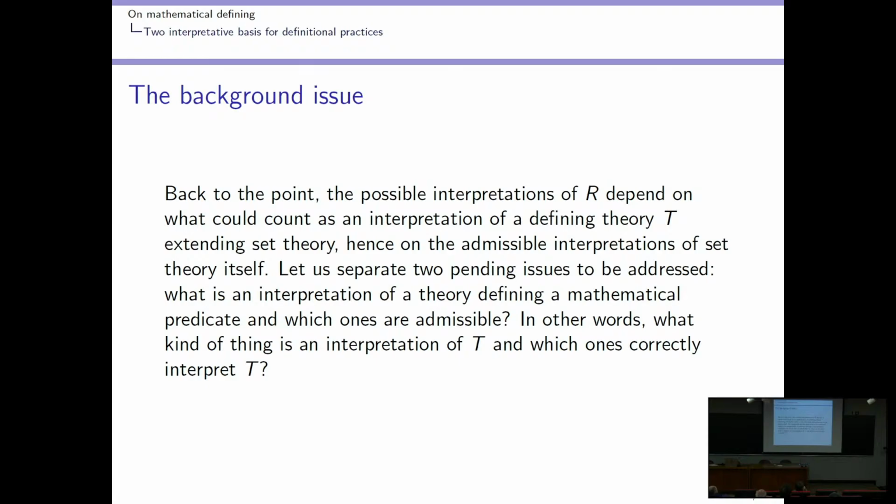So we must discuss what can count as an interpretation of the theory in order to answer this question. And this leads us to these two issues that must be addressed. What is an interpretation of a theory defining a mathematical predicate, and which ones are the right interpretations? Which we usually call the models of the theory, the interpretations that correctly interpret the theory.